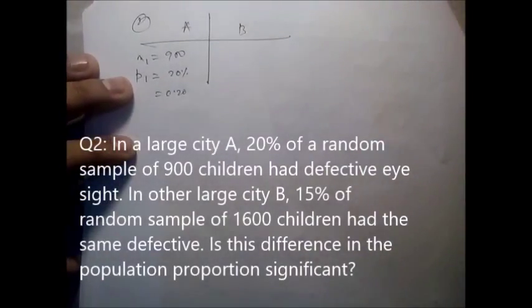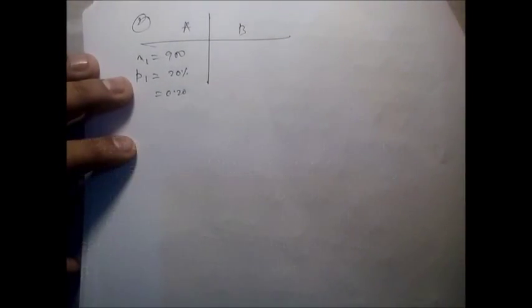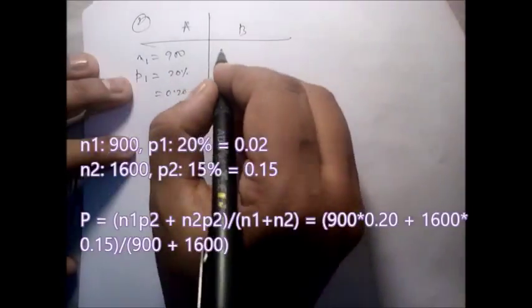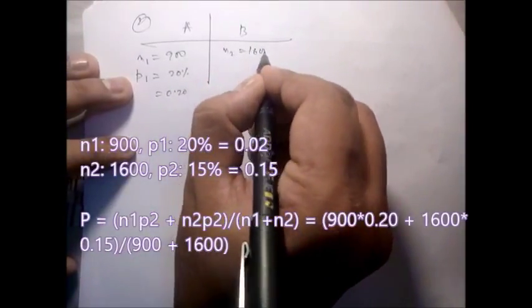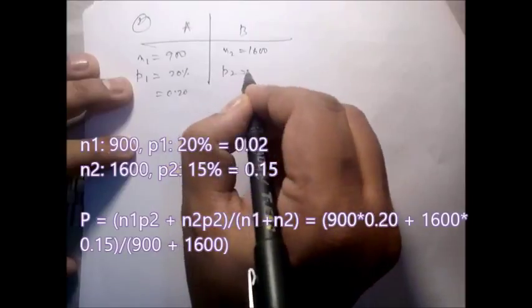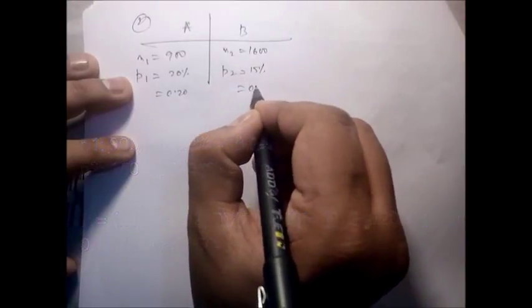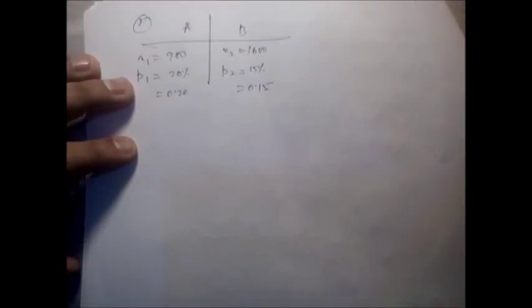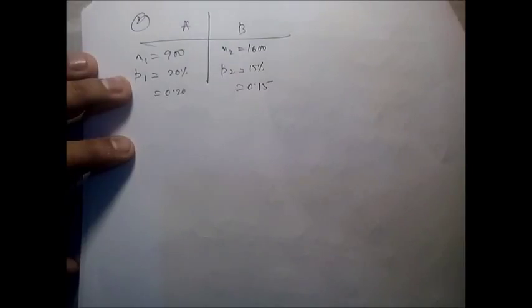In other city B, 15% of a random sample of 600 children, proportion is 15%, that is 0.15, had the same defect. Is this difference in the population proportion significant? Okay.